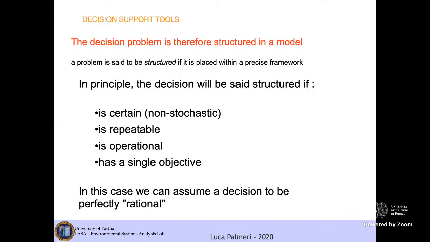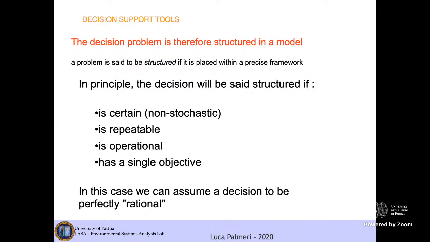It may be operational, meaning that we may manipulate our criteria in terms of algebraic or numerical manipulation, and it has a single objective, so a single criterion decision is the prototype of a structured decision problem. In this case, we can assume a decision to be perfectly rational.